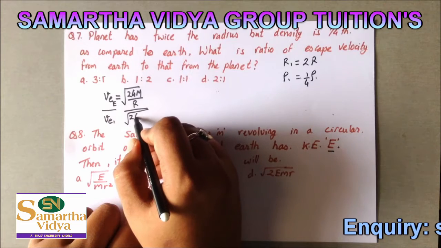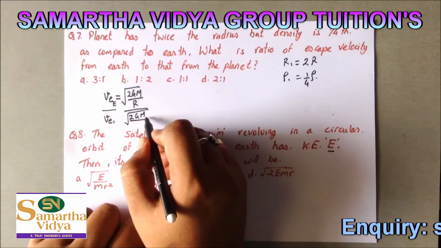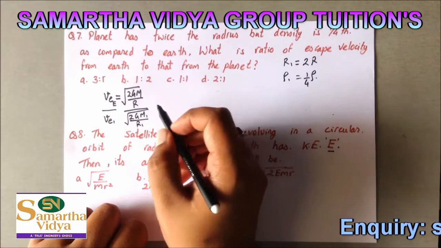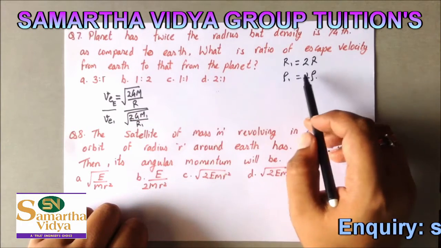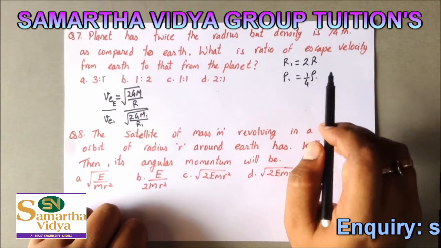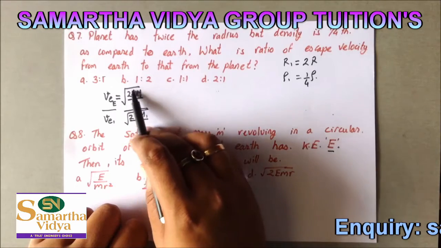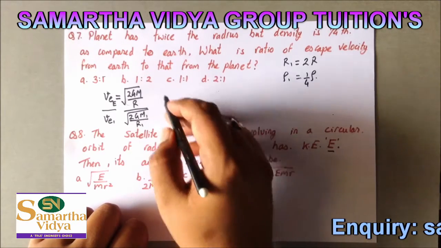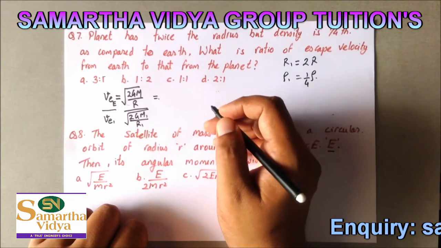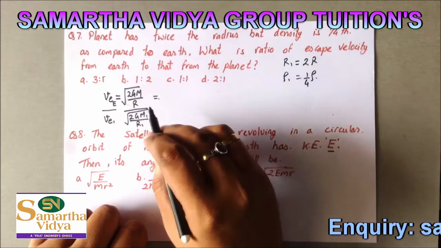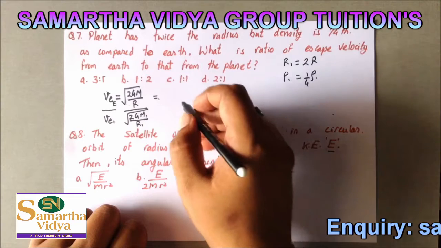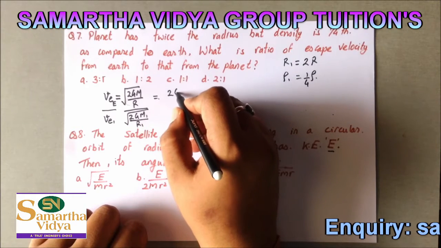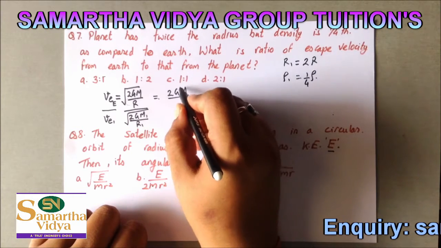So that's going to be 2GM1 and R1. But in this case, they are giving you the density information. So we need to bring down this thing in the density term also. That is also what we had seen in the earlier video, how to bring the density term in this. So what we will do is we'll write this as 2G times the mass.